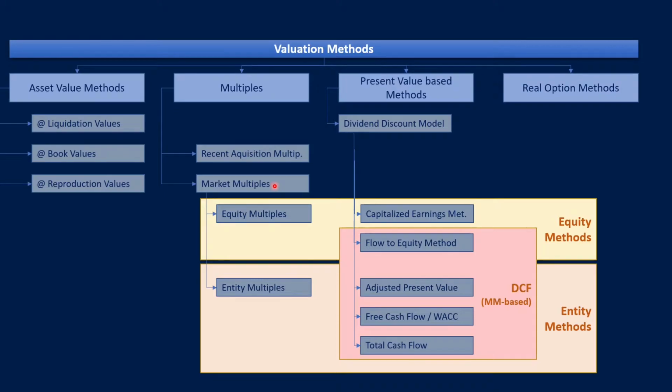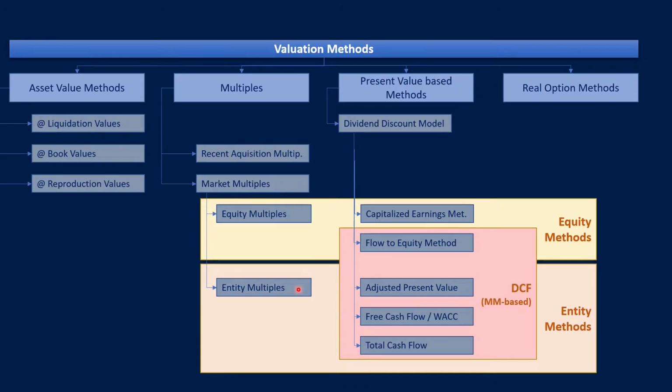We have to differentiate further the equity multiples that are meant to value the equity, and of course the entity multiples that are meant to value the enterprise value or entity value. The entity value are the assets and the working capital, or alternatively spoken, the capital employed.